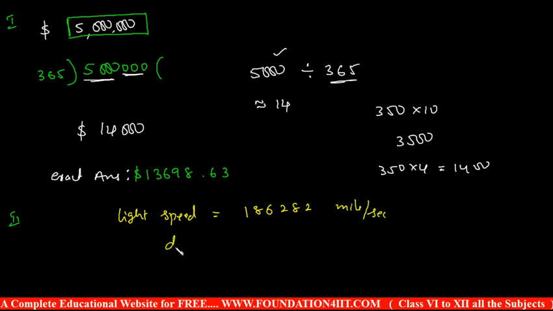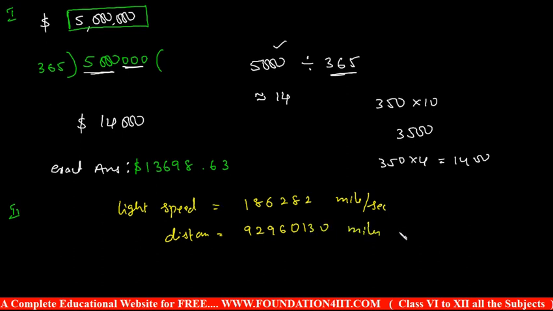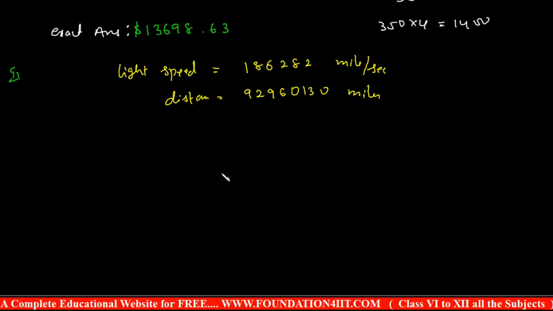And the distance from sun to earth is 92,960,130 miles. To find the number of seconds it takes, we divide distance by speed, right? We know that.